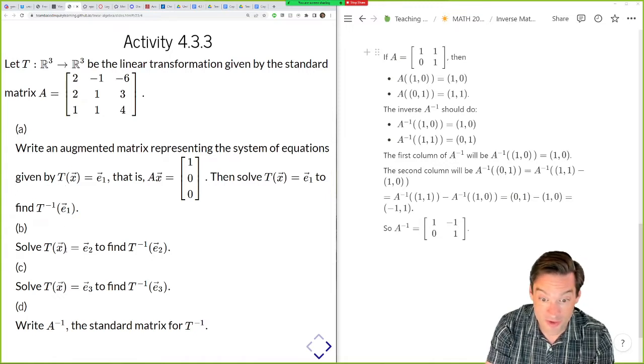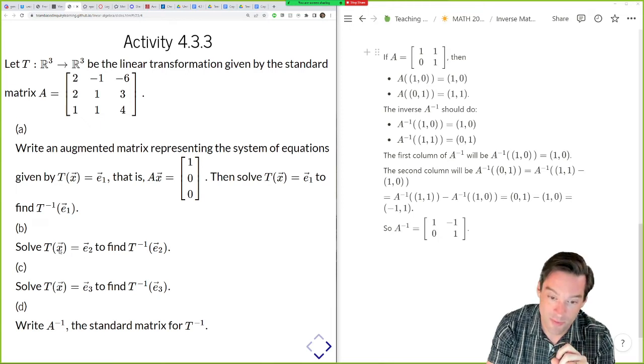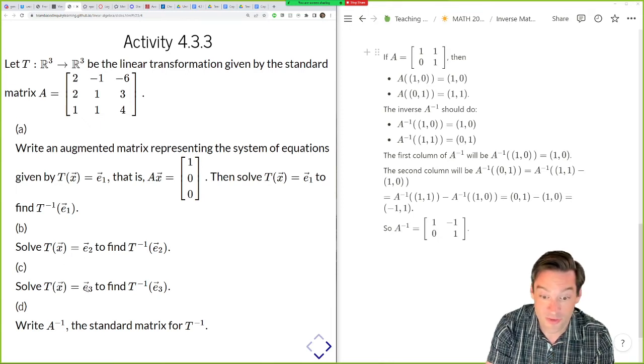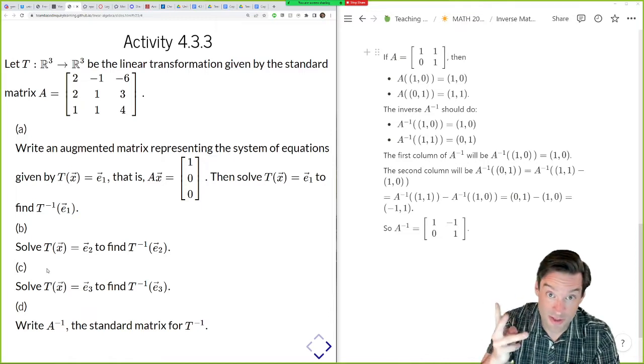And then what vector is getting sent to the second standard basis vector? That's going to be the second column of our standard matrix for the inverse. And then for the third standard basis vector, that's going to be the third column of the standard matrix for our inverse.